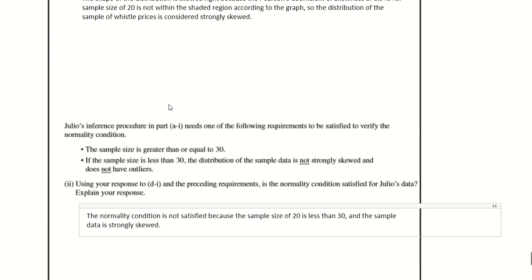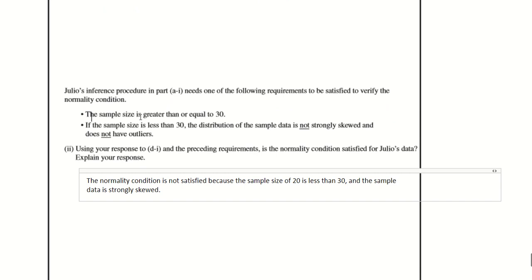And lastly, this question is asking if we meet the conditions for normality. We do not meet it because the sample size of 20 is less than 30. So here the first one is already not met.